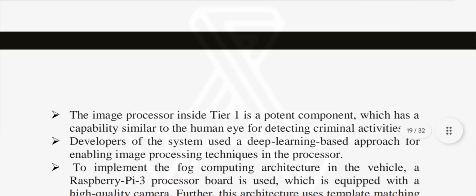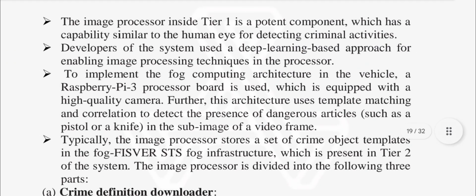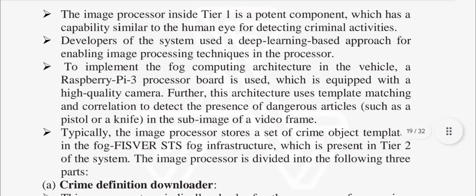Image processing. The image processor inside Tier 1 is a potent component which has a capability similar to the human eye for detecting criminal activities. Developers of the system used a deep learning based approach for enabling the image processing technique in the processor to implement fog computing architecture in a vehicle.